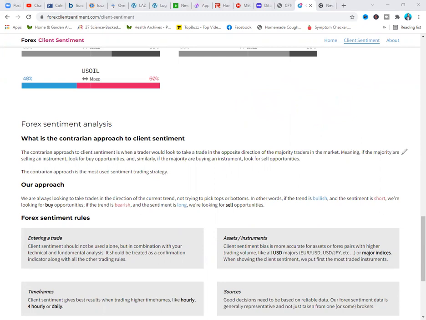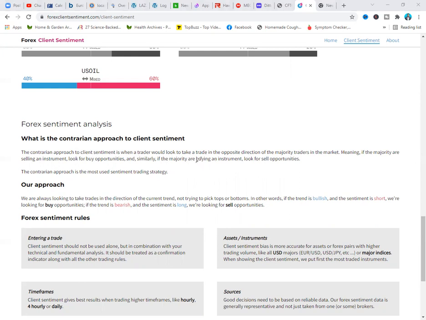Meaning, if the majority are selling an instrument, look for buy opportunities. And similarly, if the majority are buying an instrument, look for sell opportunities. I like the way they put it. They are saying look for sell opportunities. They didn't just say sell, and they didn't just say buy.